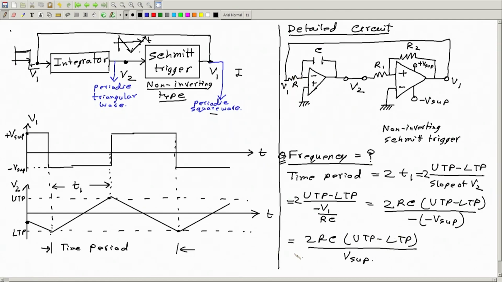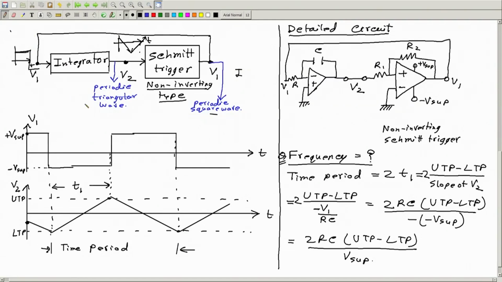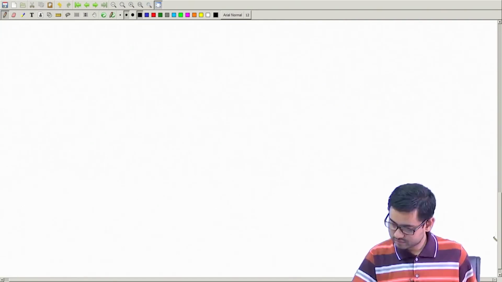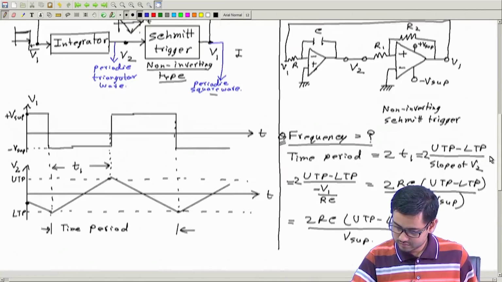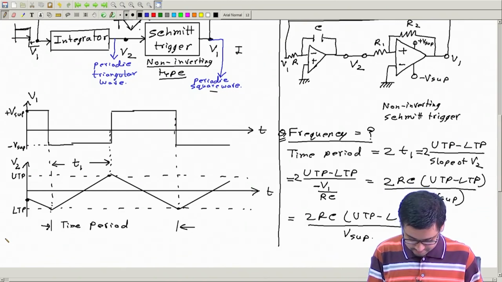Now to complete this, we should put the value of UTP and LTP here. So let us now find the value of UTP and LTP for this Schmitt trigger. We did it several times before. You need not remember the result; we will derive it again. Okay, so let's just observe.